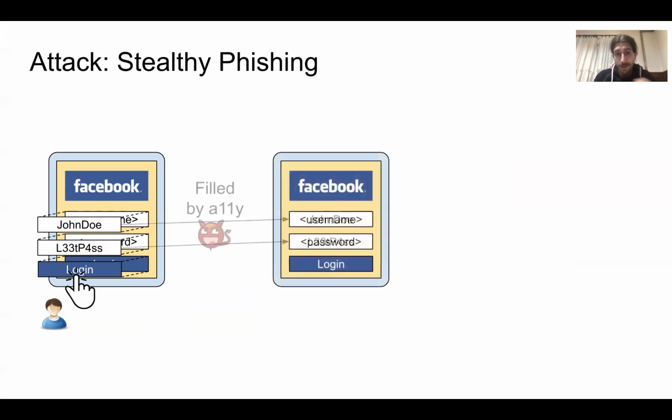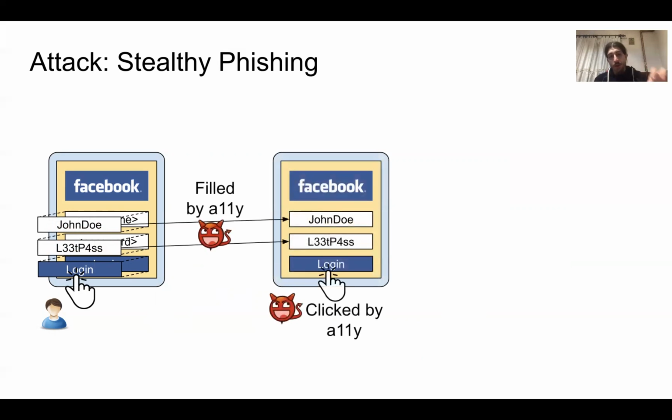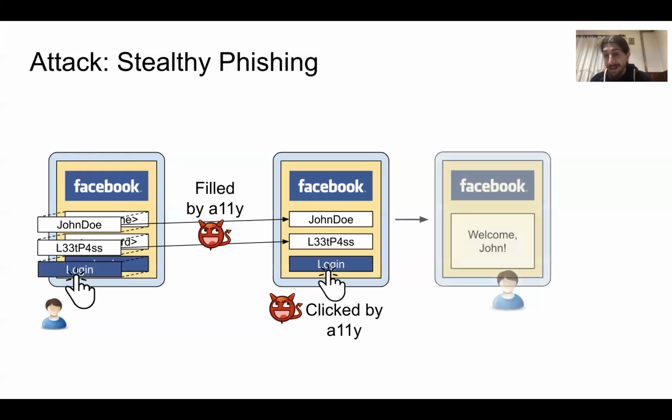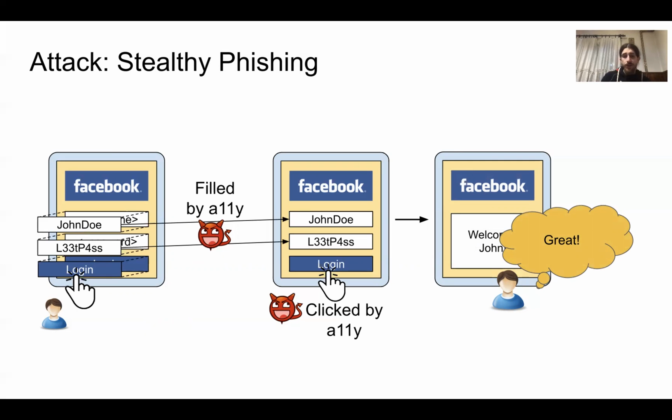But the trick is that once the user does this, we would use accessibility service to take the real username and password, put them in the real Facebook app, and click login automatically, at which point the user will find themselves completely logged in. So we do some kind of a man in the middle in the UI. We steal the information, and then we use accessibility service to inject this information into the real app. We click automatically on login, and the user is in.